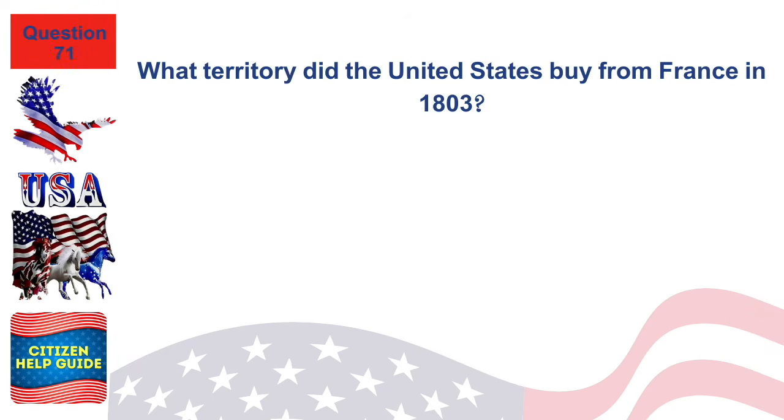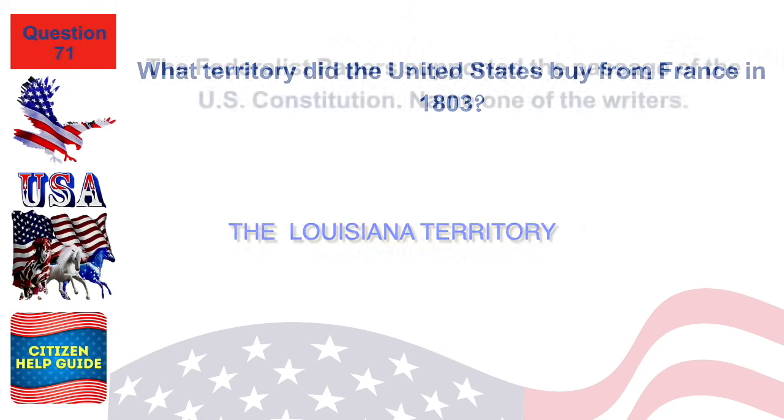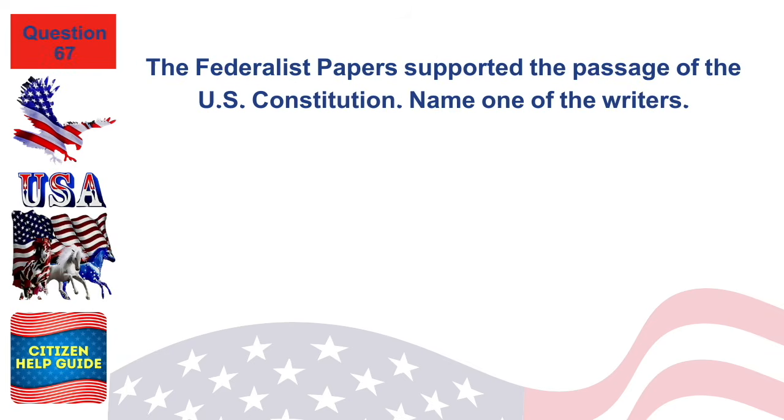What territory did the United States buy from France in 1803? The Louisiana Territory. The Federalist Papers supported the passage of the U.S. Constitution.